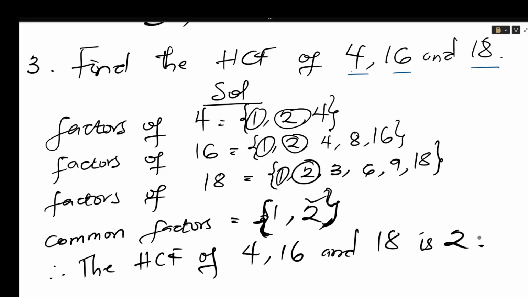I believe this is clear. Listing the factors of the given numbers, finding out the common factors, and picking out the biggest number from those common factors. These are the major steps in finding the highest common factor of given numbers.